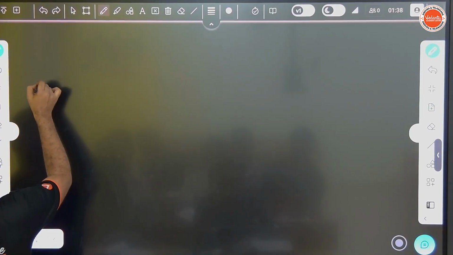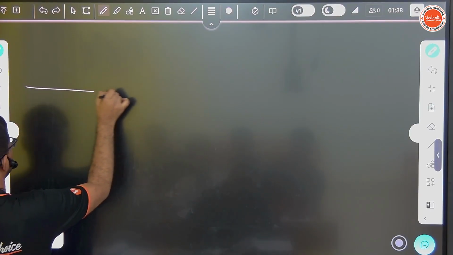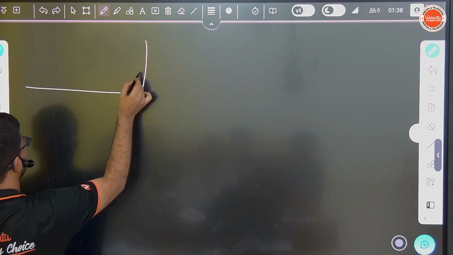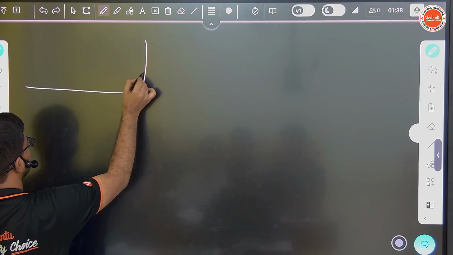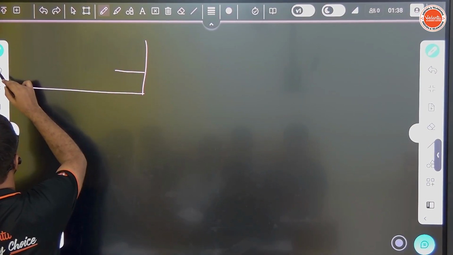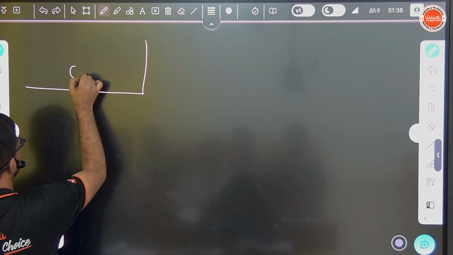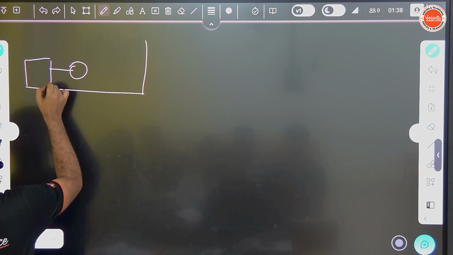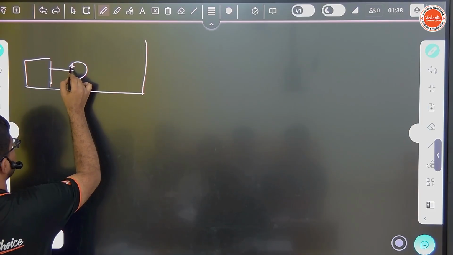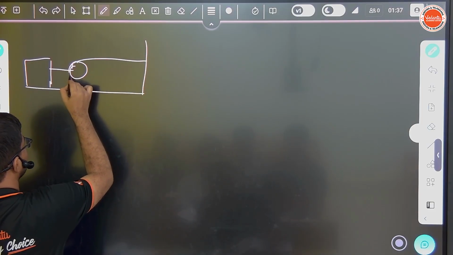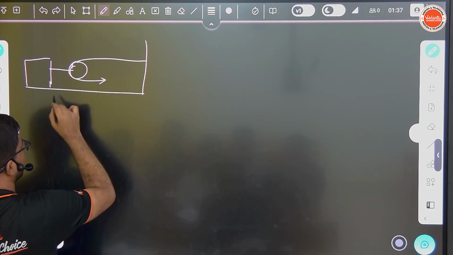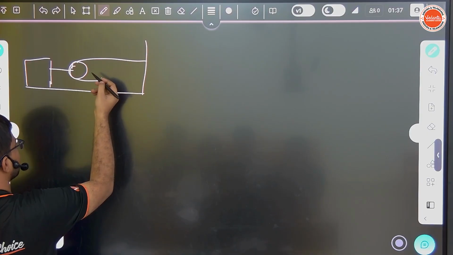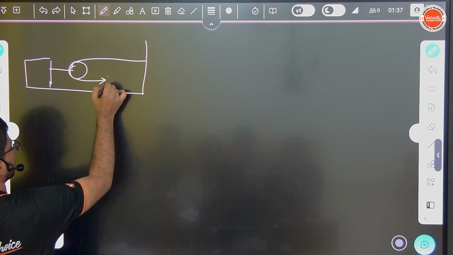There was one question. Assume that there is a block that is attached to a movable pulley here, and a string is passing over this pulley, which is a massless and frictionless pulley here.